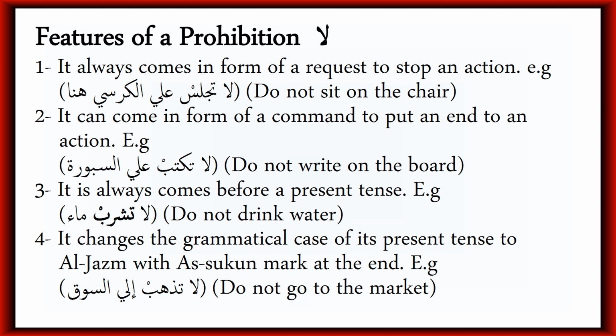It always comes in form of a request to stop an action. Example: لا تجلس على الكرسي هنا, do not sit on the chair here. The la here comes before the fi'l mudari, the present tense, which is تجلس, as a request to stop an action, which in this case is sitting down.